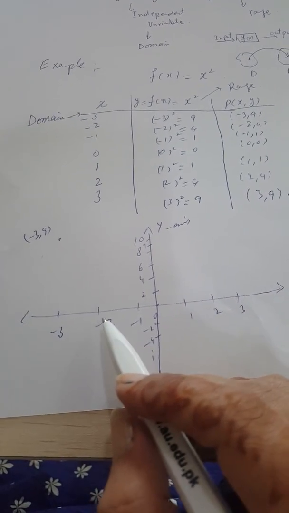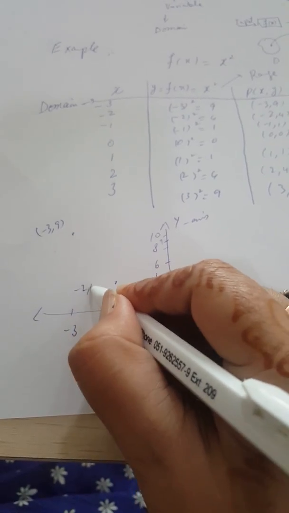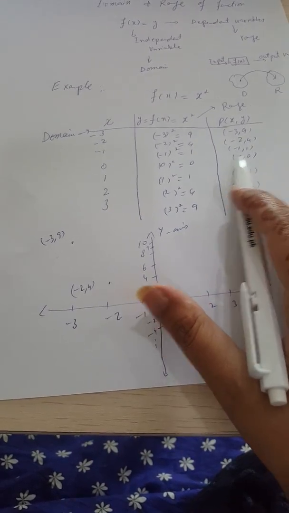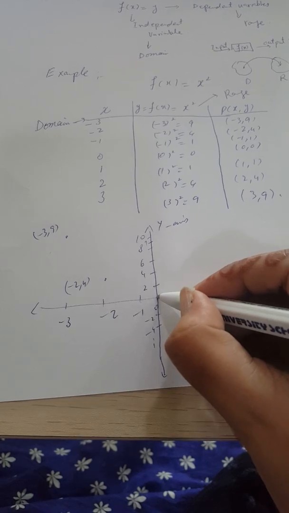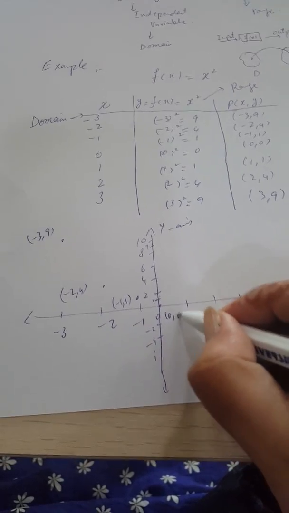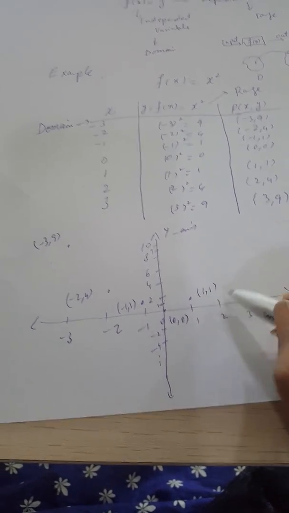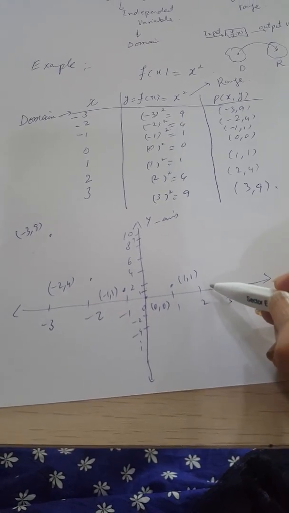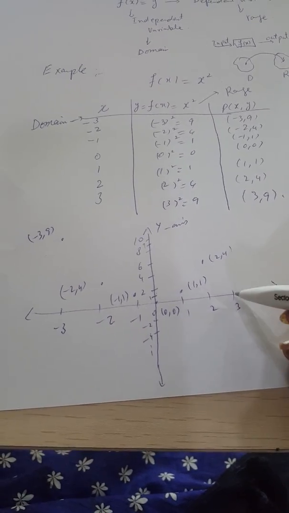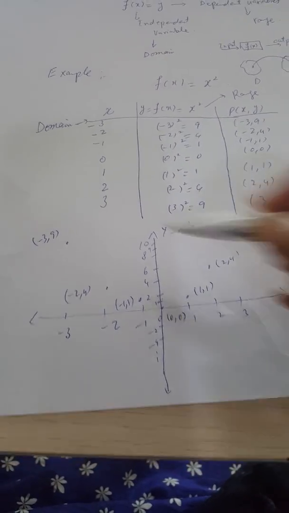Then -1 and 1, 0 and 0, 1 and 1, 2 and 4, and 3 and 9. Then I join the points.